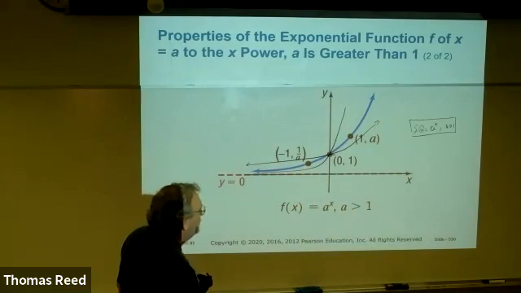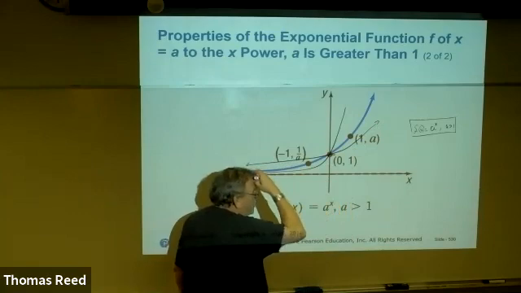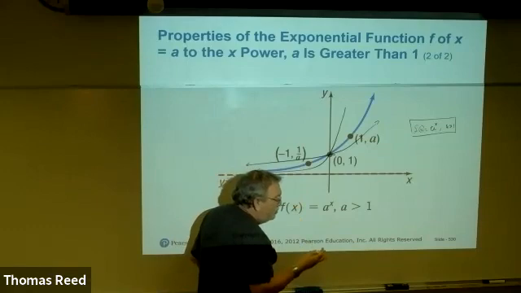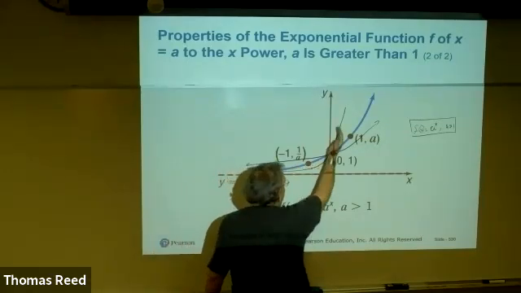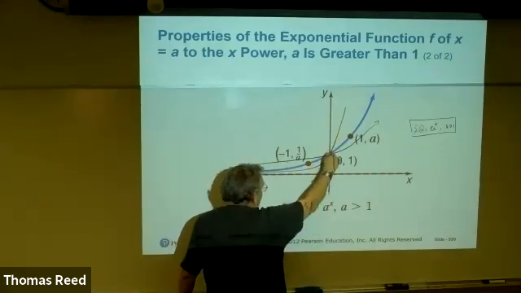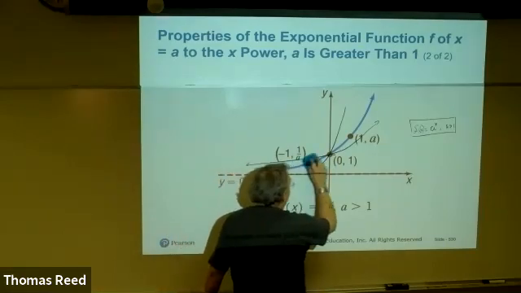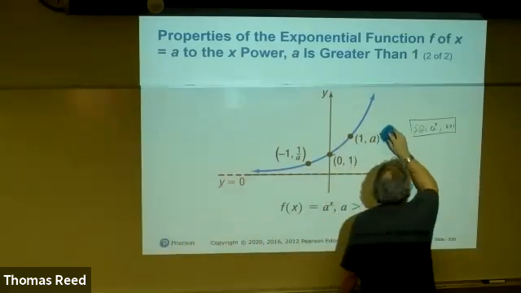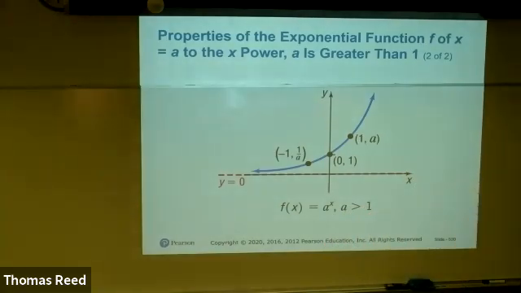The closer to 1 you get, the flatter the curve is, but it never goes totally flat. And the further away from 1 you get for a, the steeper this curve is, and the quicker it comes down towards the x-axis. Okay, so I just need you to be aware of that. But they all follow this general shape.